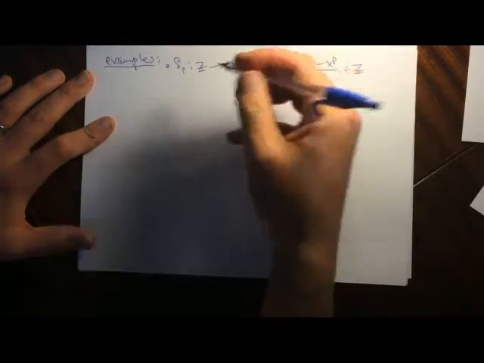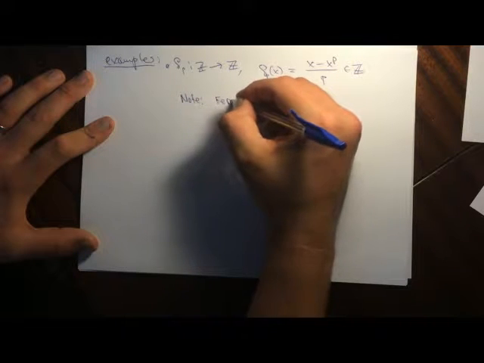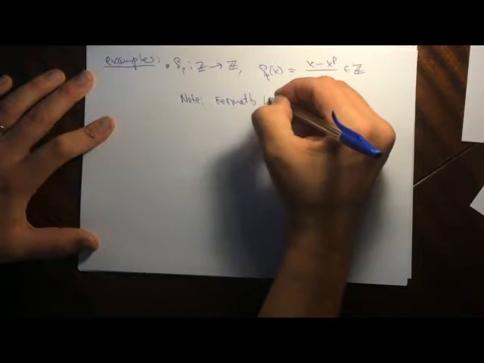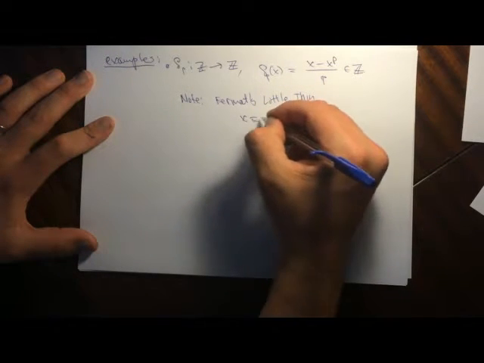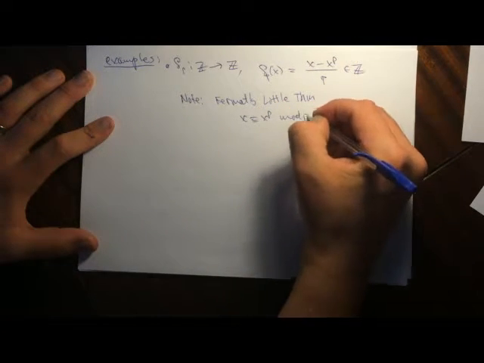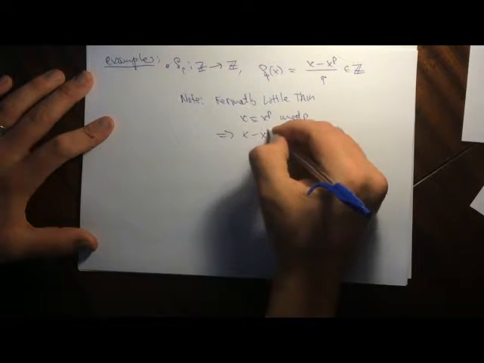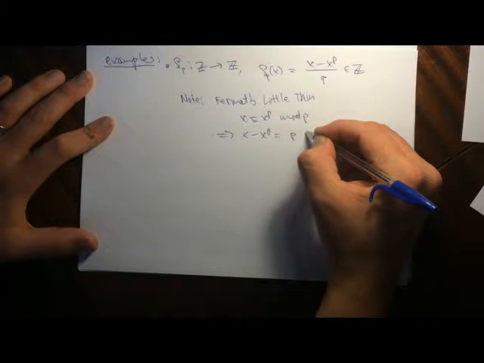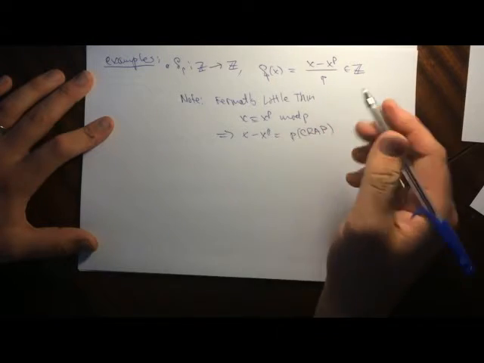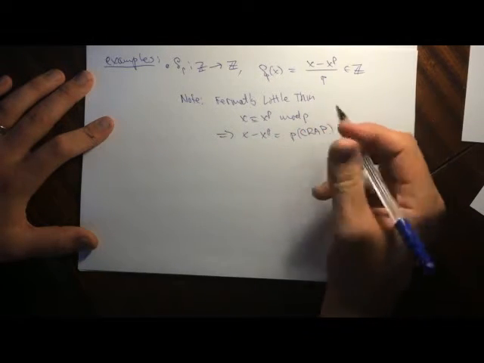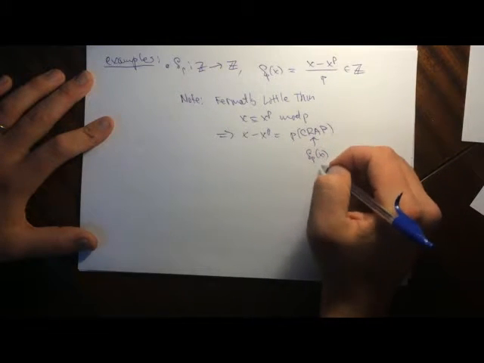Note that by Fermat's little theorem, x is congruent to x^p mod p. So this means that x minus x^p is equal to p times some stuff. So this stuff is actually delta p of x. Okay, so that's the p-derivation here.